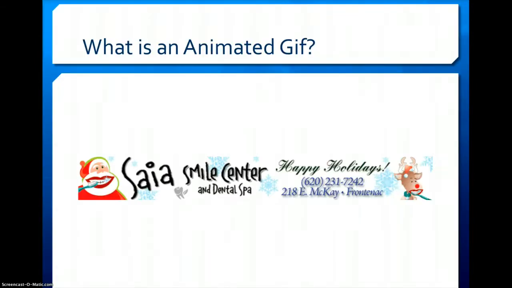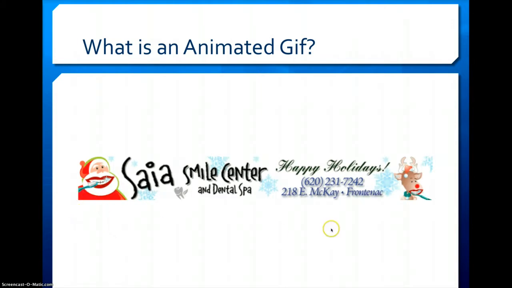So what is an animated GIF? Basically, an animated GIF is a series of still images that can be used to give the appearance of movement. You see below, this is an ad that I made while working at the newspaper.